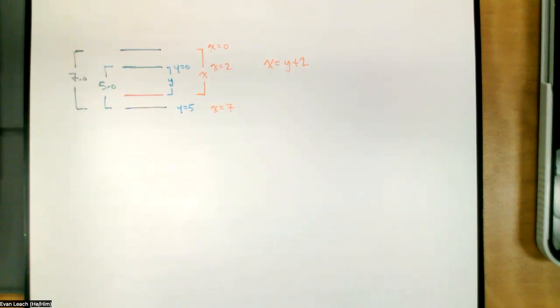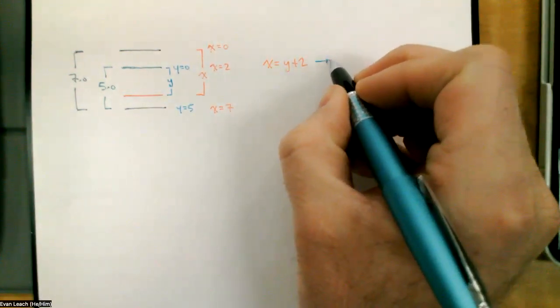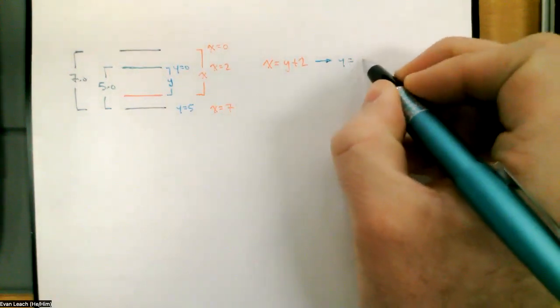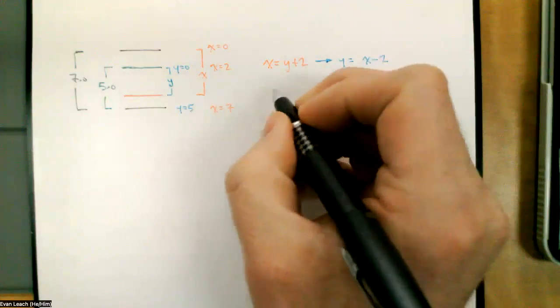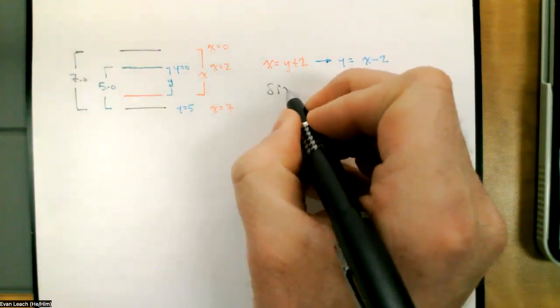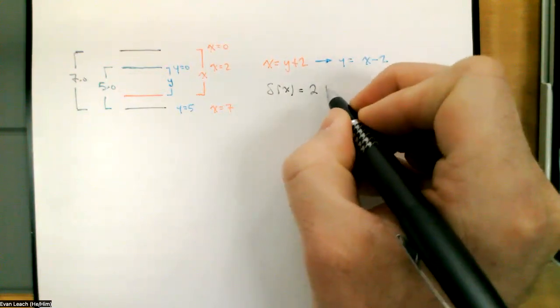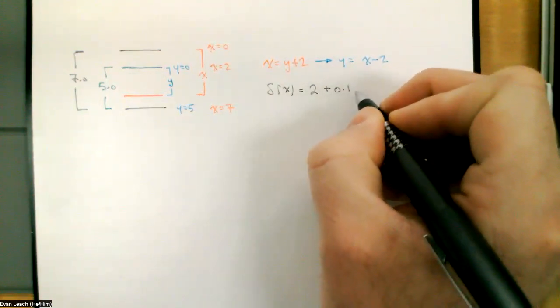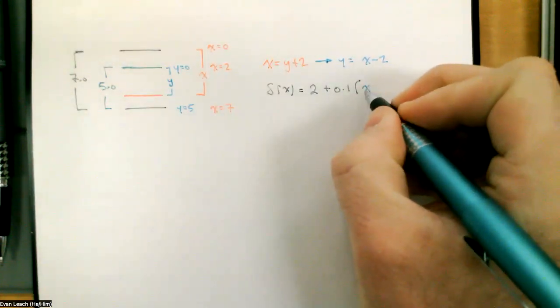Since x is equal to y plus 2, I can rewrite the density by saying that y is equal to x minus 2. And I could rewrite our density in terms of x as 2 plus 0.1 times y, which we can replace with x minus 2.